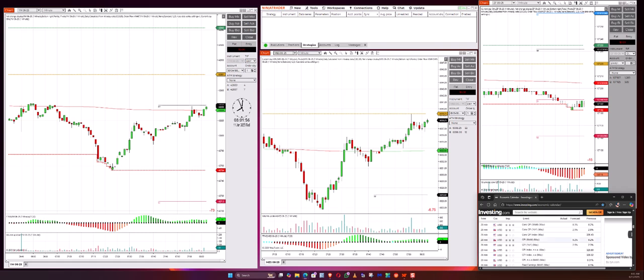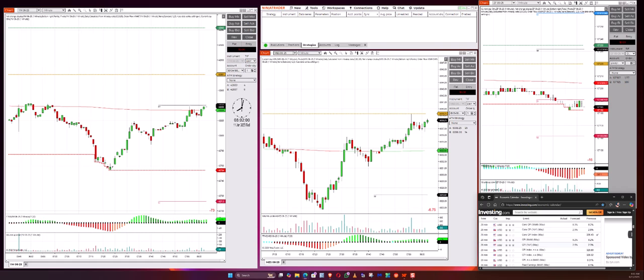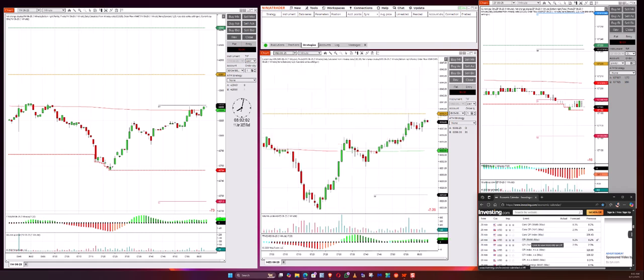There are a bunch of different elements that make up this report. You've got month over month, year over year CPI. And then also you've got core versus non-core CPI. A lot of people don't know what core versus CPI is. And core is energy and food taken out.